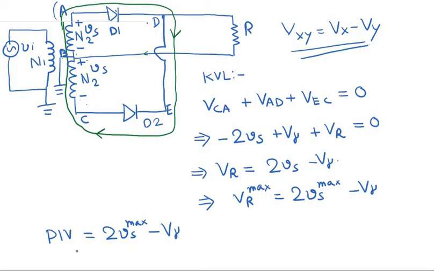Now we have noted that for the half wave rectifier discussed earlier, the peak inverse voltage rating used to be Vs max minus V gamma. Okay, for half wave actually. So definitely this full wave rectifier actually requires diodes with higher peak inverse voltage rating.